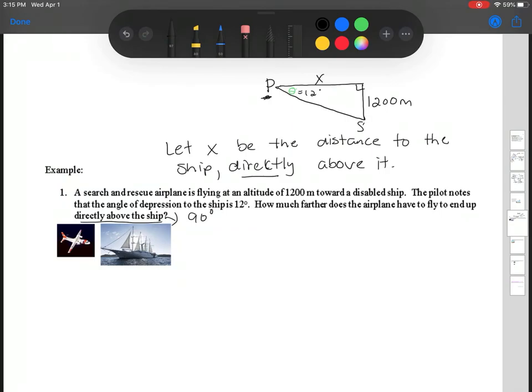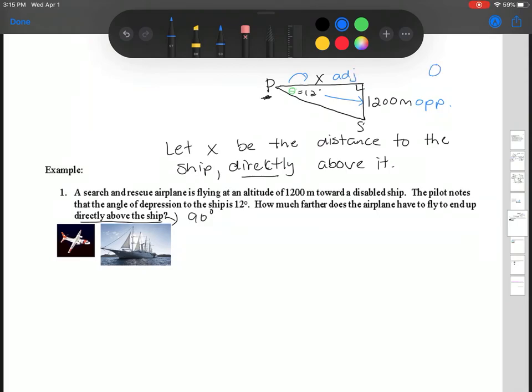Okay, so now let's label our triangle. We're going to use this theta. So this side over here is opposite. We are not finding the side directly across from the right angle. This is opposite to theta. This is the side beside it, or the adjacent side.